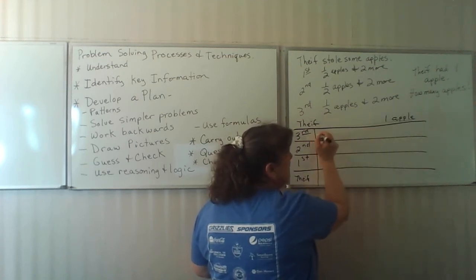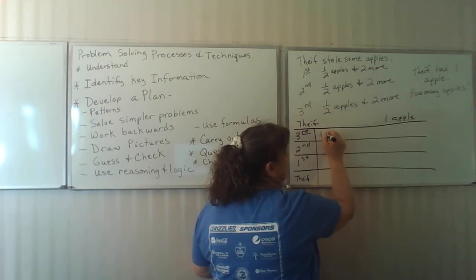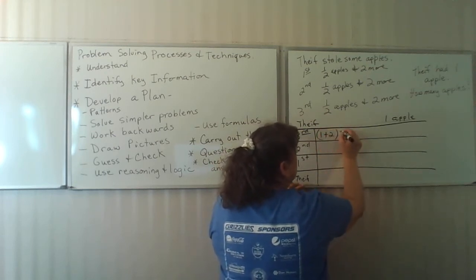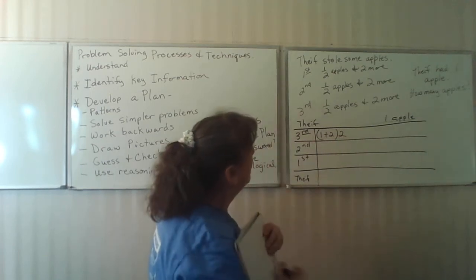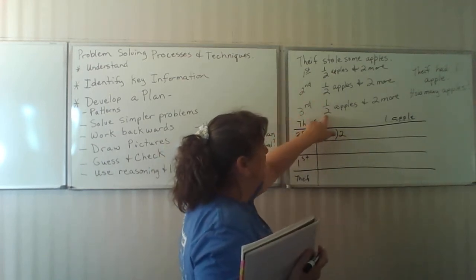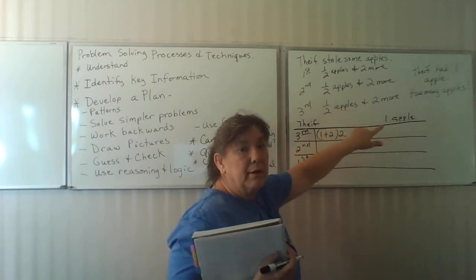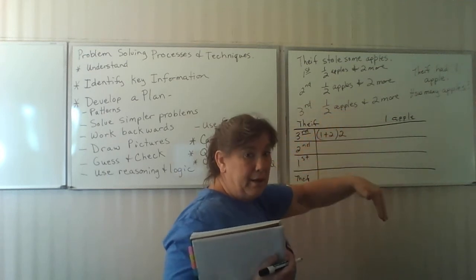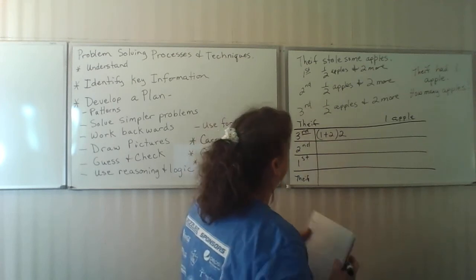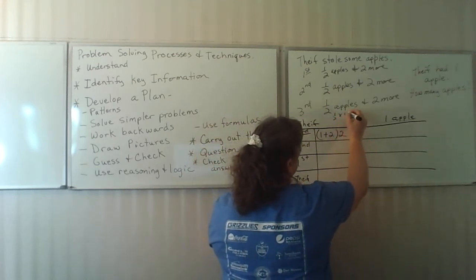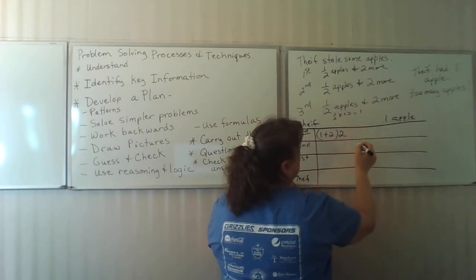Well, what did he have when he came to the third one? Well, 1 plus 2, multiply that by 2. Because remember, what did he do? 1/2 of the apples and 2 more. And that left him with 1. So we could look at that as 1/2 x plus 2 equals 1.